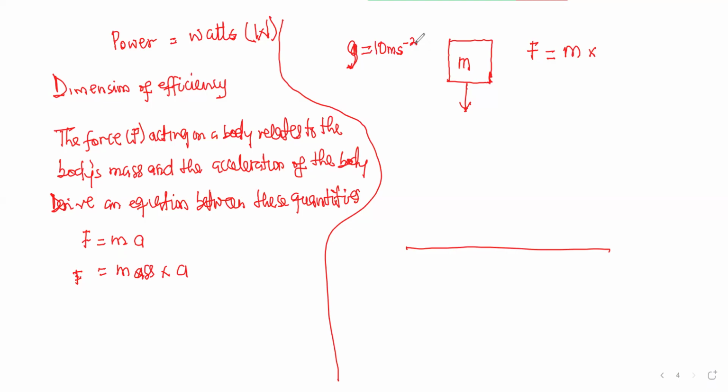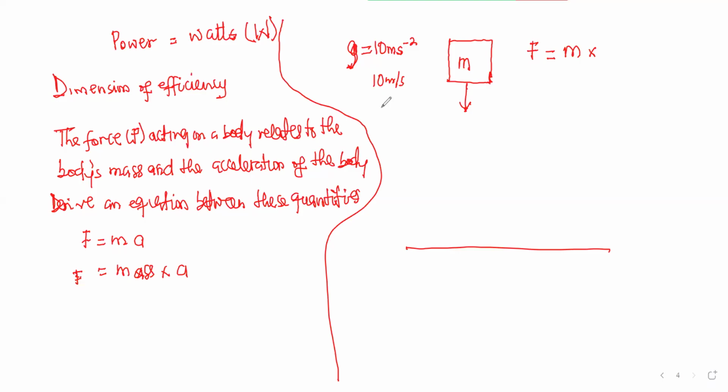Okay. What this value means is that whenever a body is falling to the ground, at every 1 second, the speed changes by 10 meters per second. So after every 1 second, the change in the speed will be 10 meters per second.